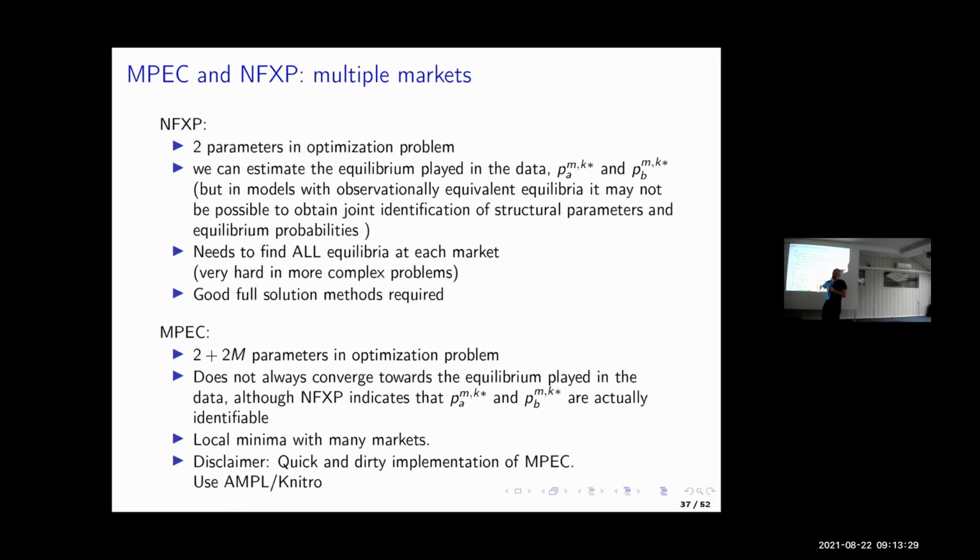So if you're using that as your inner solution algorithm, then NFXP is not that good. And so what I'm illustrating here is actually something that you can't really do with most models. We don't have that algorithm.